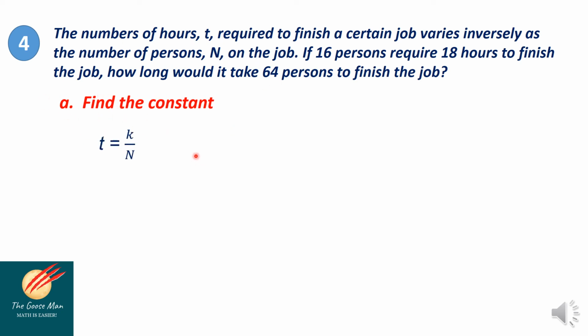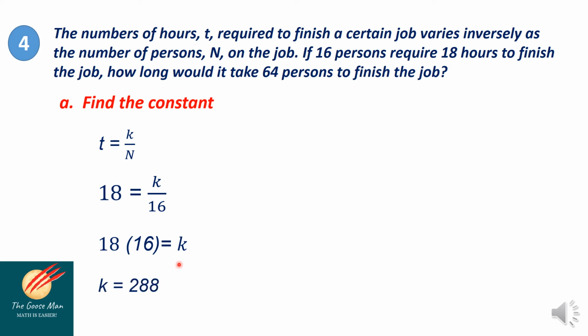Take note that t is equal to k all over n, wherein t is inversely proportional to n. Then t is equal to 18, while n is equal to 16. So what we're going to do is multiply both sides of the equation by 16. So we have 18 times 16 is equal to k, or our constant is equal to 288.